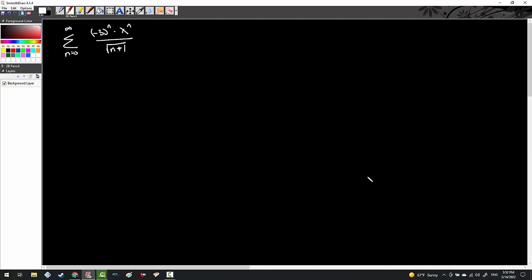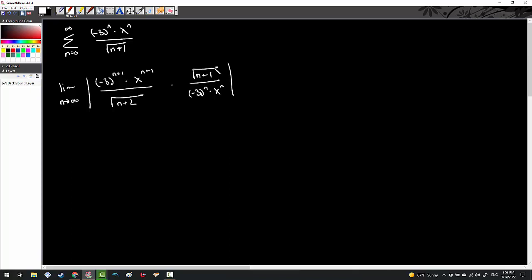All right, in this next example, I'm going to find the radius and interval of convergence again. So, again, lots of annoying exponents and stuff right here. So I feel like the ratio test really is going to be our thing to go to. So that's going to be (-3)^(n+1) times x^(n+1) over the square root of n+2, multiplied by the square root of n+1 over (-3)^n times x^n.